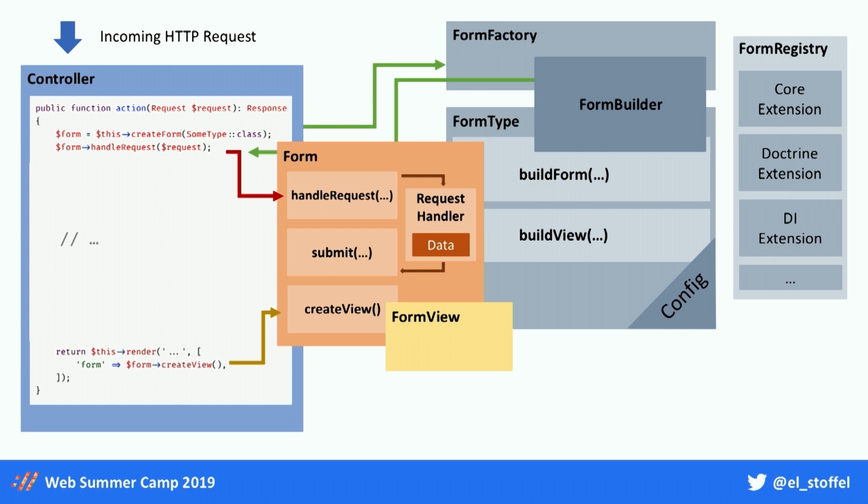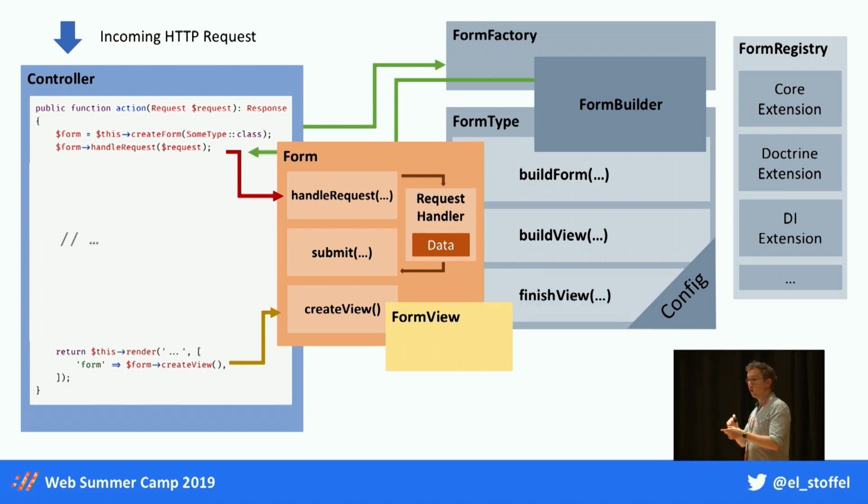And if it's a compound type, you can always manipulate the view of child types using finishView as well. So the difference between buildView and finishView is that you have the views from child types in the finishView.